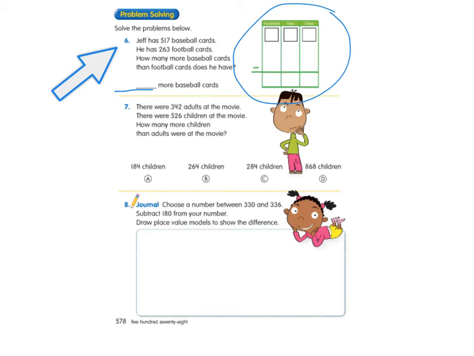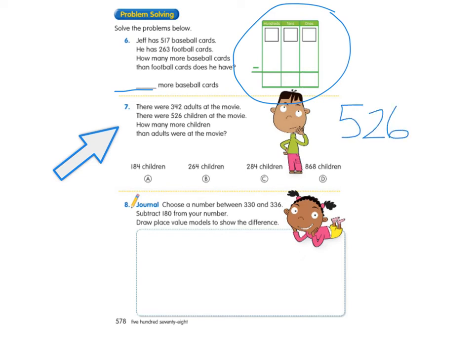Number 7. There were 342 adults at the movie. There were 526 children at the movie. How many more children than adults were at the movie? When I look at the problem, keep in mind if you're comparing, you will subtract 526 minus 342.